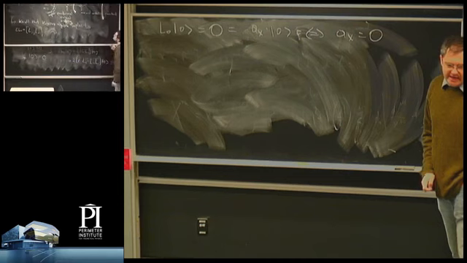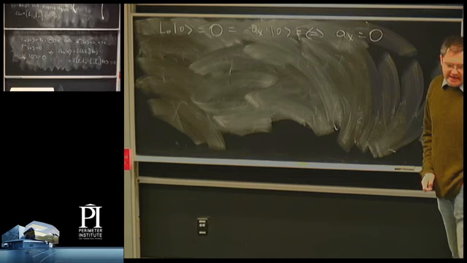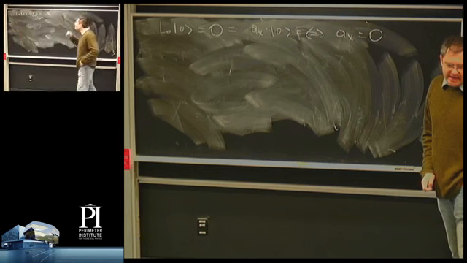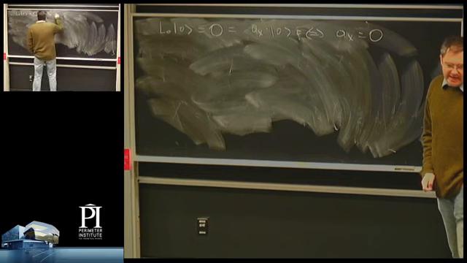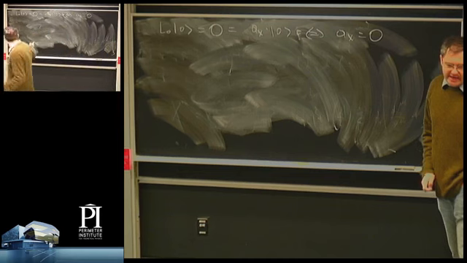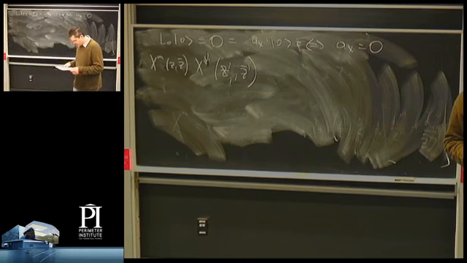And so L0 acting on the vacuum must be 0, but it's exactly the same as our normal ordering constant, A sub x, acting on the vacuum. And so from here, we can prove that A_X equals 0. So we have a finite and well-defined normal ordering constant.